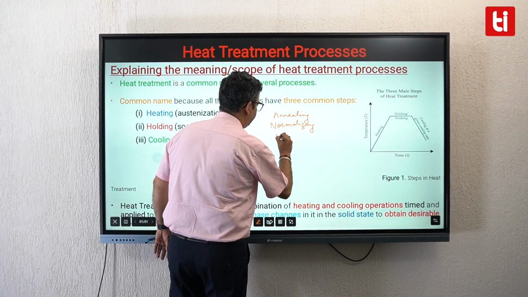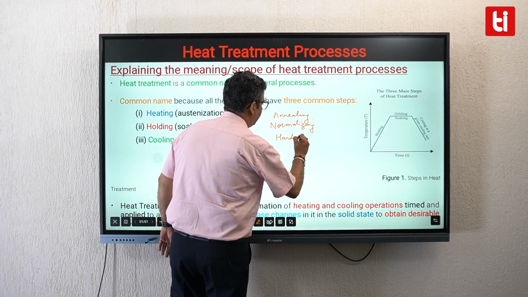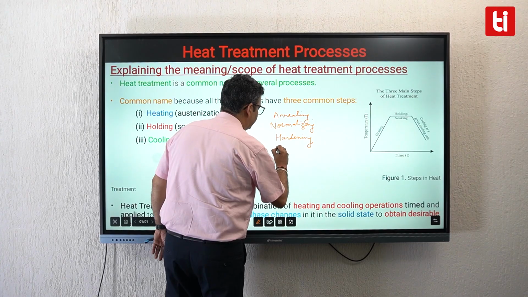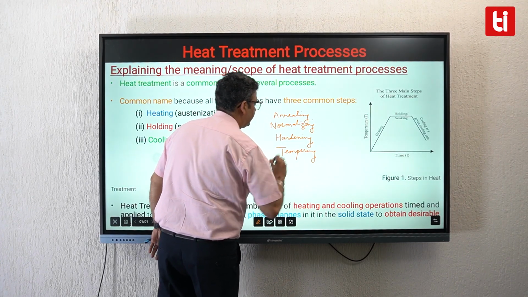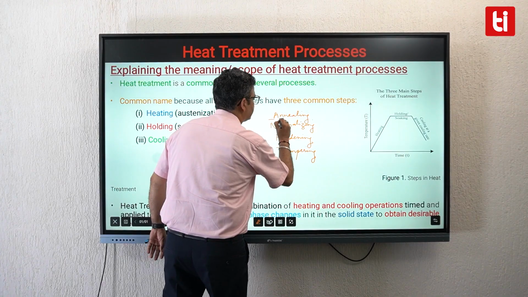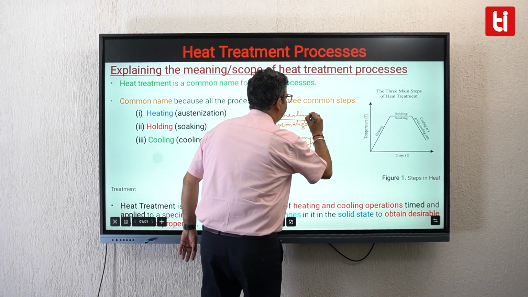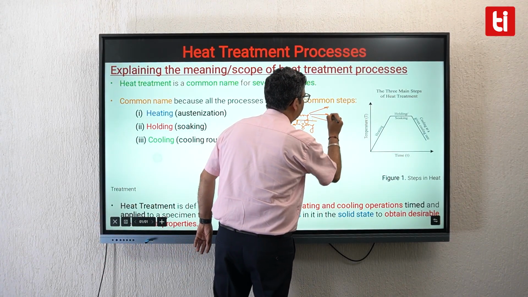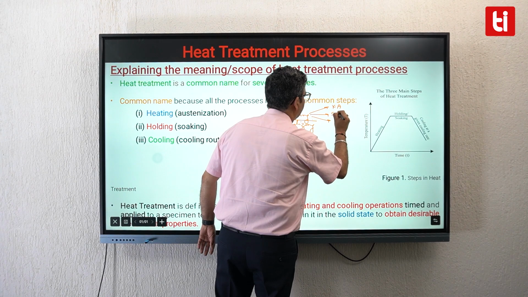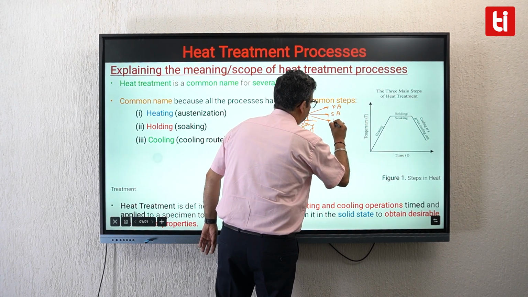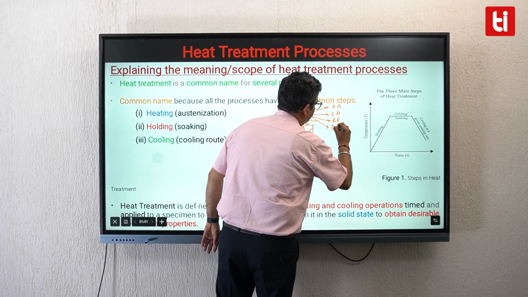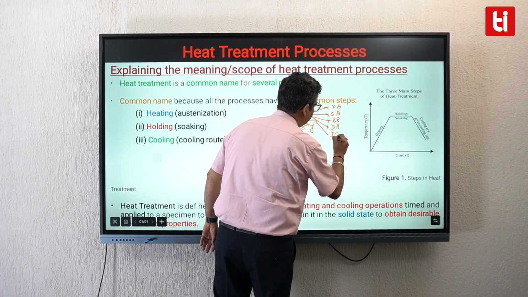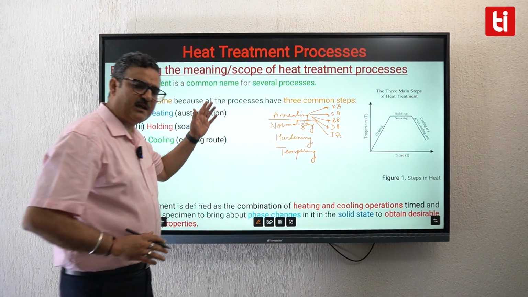We have another called hardening. We have another process called tempering. Annealing further is of many types. We have full annealing, spheroidization annealing, black box annealing, diffusion annealing, and isothermal annealing. Means processes are many.